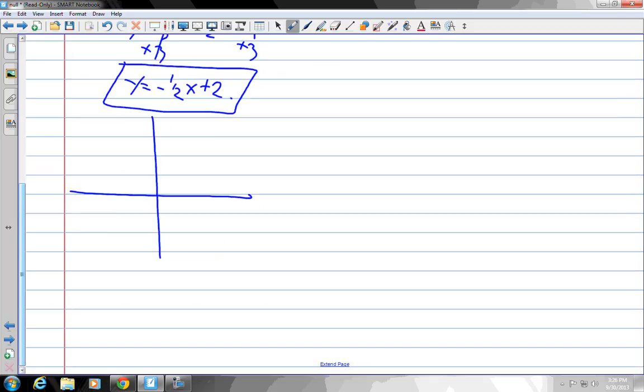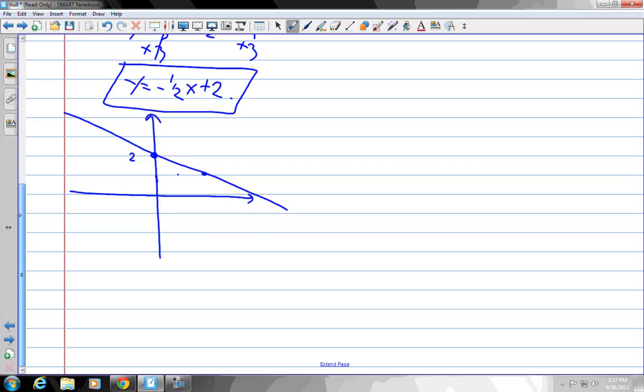The y-intercept equals 2, so here it is. Let that be 2, just easier on the eye. So then you go down 1 over 2. So that's the slope. And that's the graph. Good?